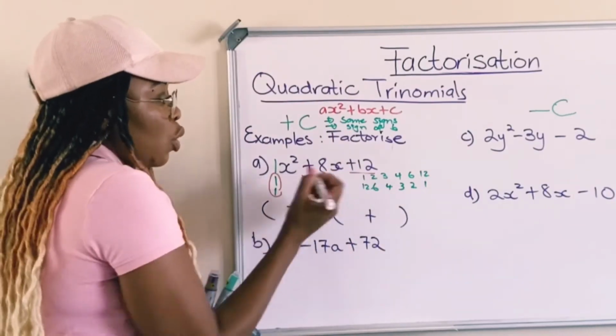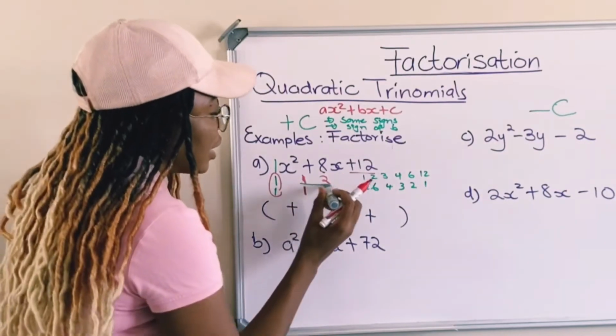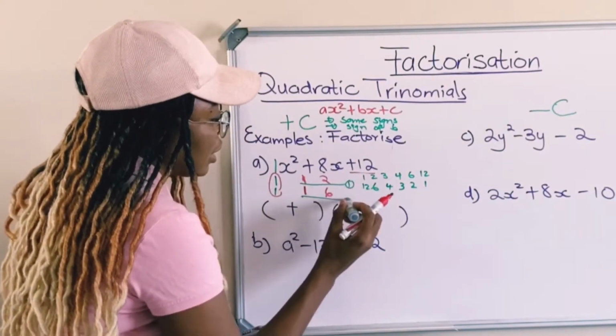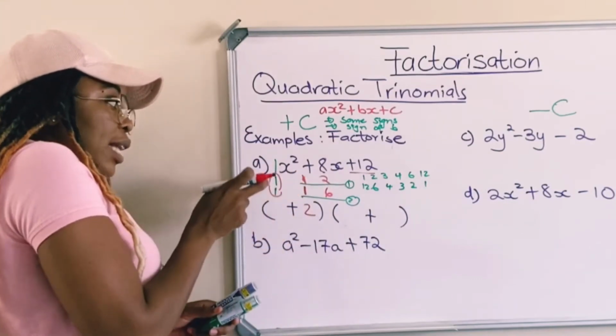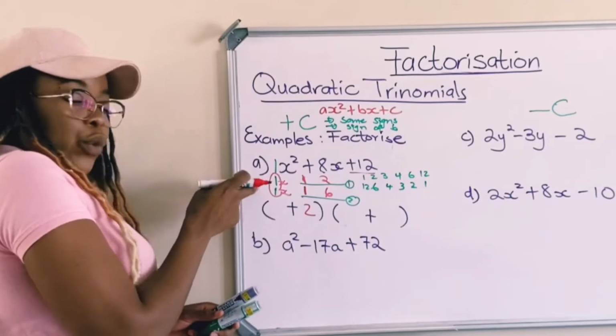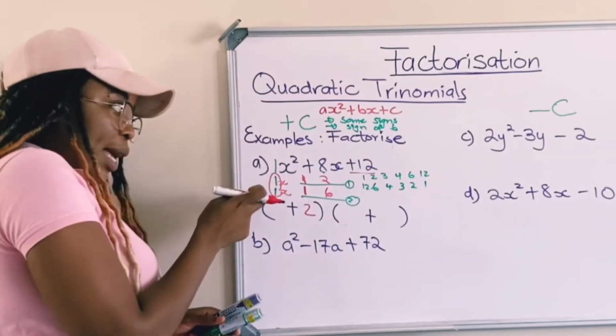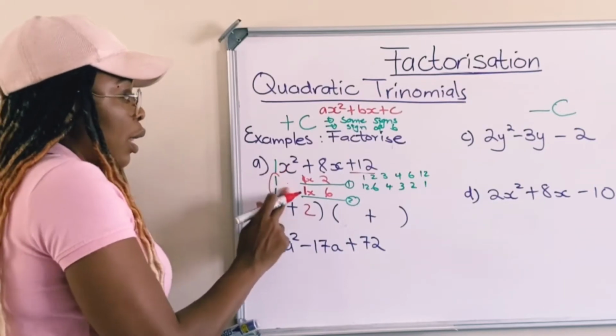But please take note, this is our first bracket and this is our second bracket. We know 1 times 1 gives us 1, but for it to give us x squared, we need 1x times 1x. So here we have x and x because it came from this one.